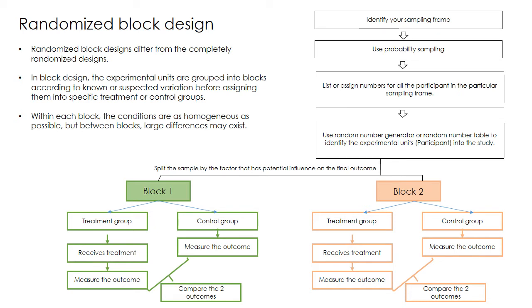So after 1 week, the outcome, for example, the recovery process or the fever of these patients, the male patients under treatment, the male patients without any treatment, will be measured. Same goes to the second block. You measure the temperature or the fever of female COVID-19 patients who have received HIV drugs and those who did not receive any drugs.